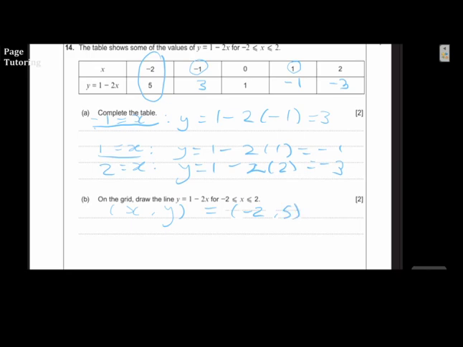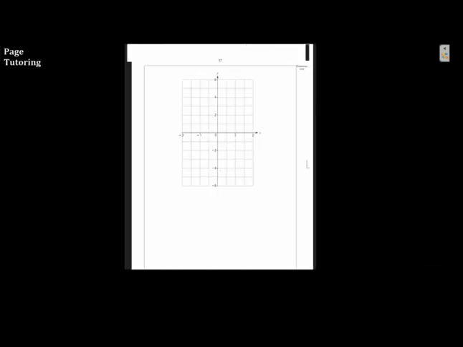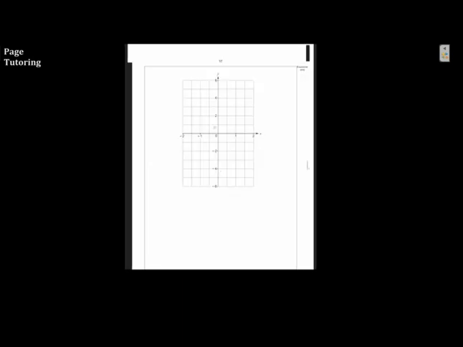So now I believe, the grid's all on its own on the next page. So we're going to go back and forth a little bit, but that's okay. So we're going to plot -2 and 5. So -2 and 5.